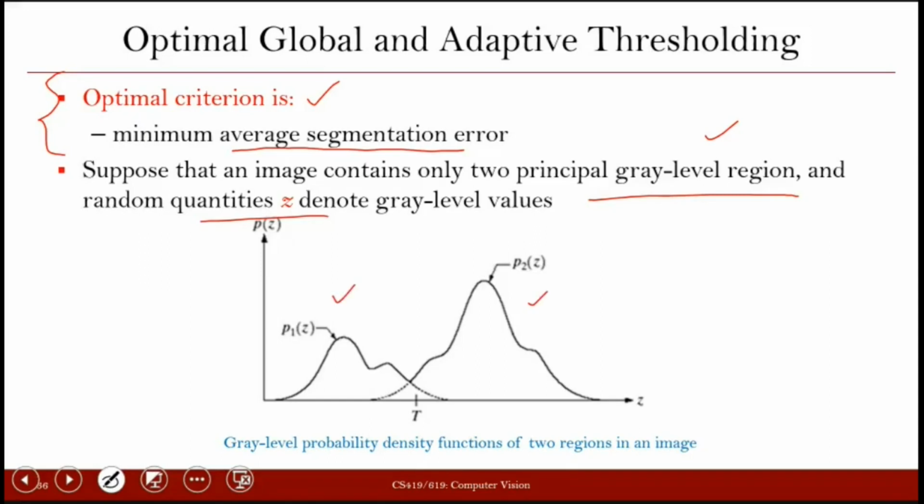We can assume that one of these two principal gray level regions denotes the foreground and the other denotes the background. Let us say P1 denotes the background and P2 denotes the foreground. These are the gray level probability density functions for these two regions. For simplicity, we can assume that these two regions are foreground and background.